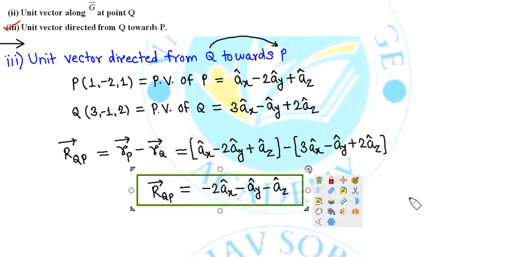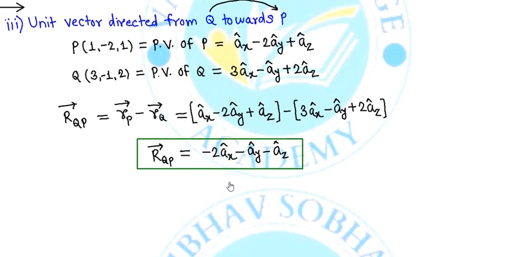But we have to find the unit vector which is directed from point Q to point P. From the definition of a basic unit vector, the unit vector of your distance vector QP is the given vector RQP divided by the magnitude of that given vector RQP.